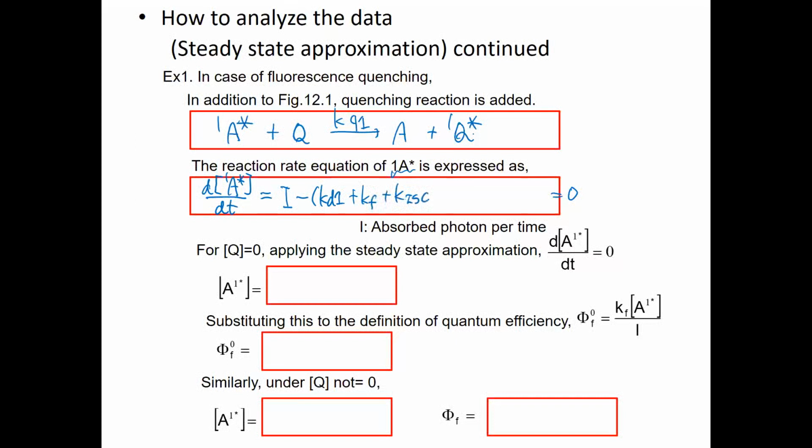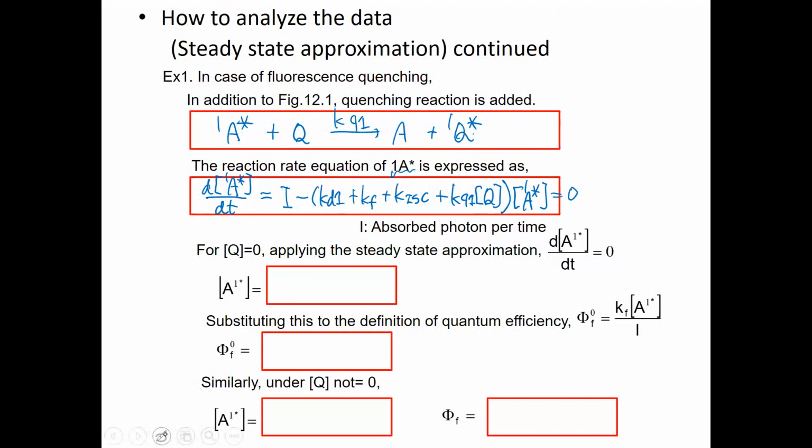And also, now you add the quencher, so KQ1 times Q times A1 star. So this is a differential equation of the singlet excited state. Okay?